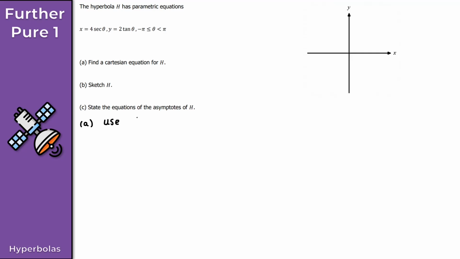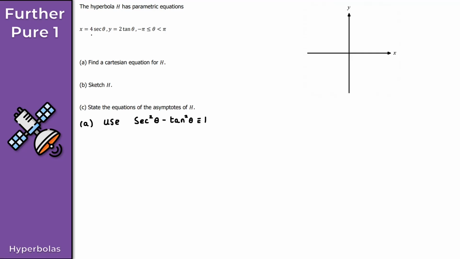So we're going to use here sec squared theta minus tan squared theta is identical to 1. Okay, so sec squared theta minus tan squared theta is identical to 1.